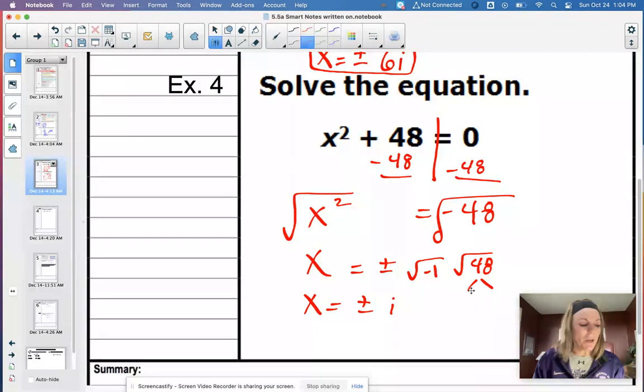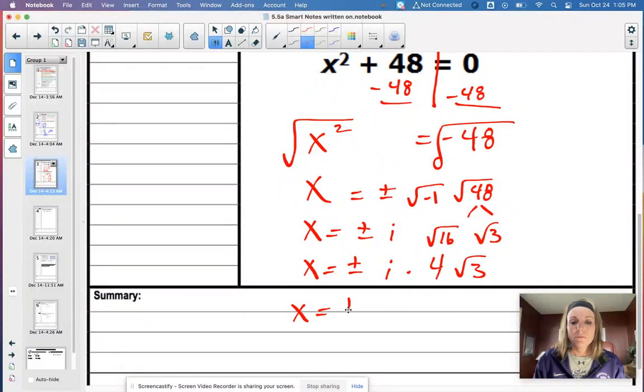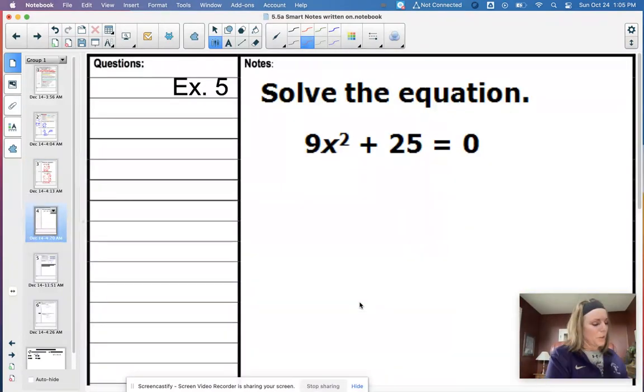Two numbers that multiply to 48, one of them being a perfect square: 16 and 3. That's 4. 4i, root 3. And there's our plus or minus because we're solving an equation. Example 5, we're going to save for class.